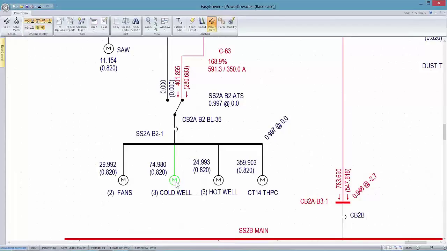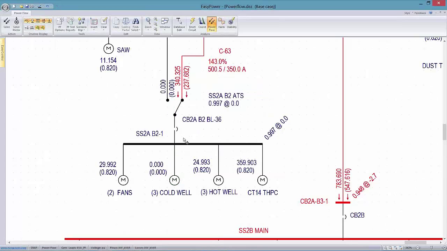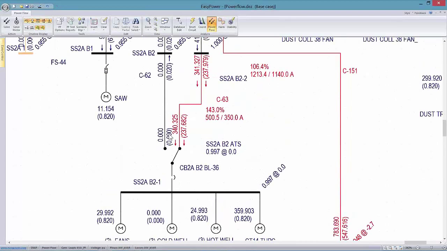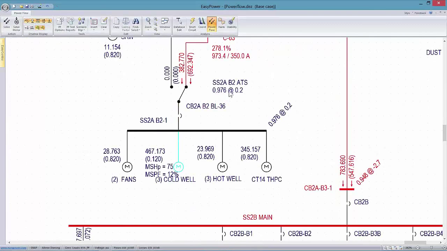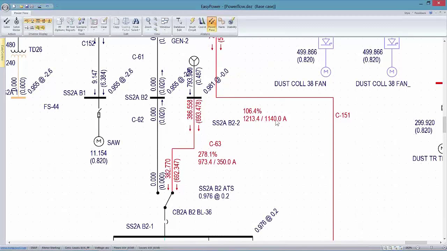And certainly, as we start any one or all of these motors, I'm assuming that as the engineer designed this, he expected or didn't expect all these motors to come on at the same time at 100%. So in terms of error checking the system during an arc flash study, this is not all that much of a concern because we're still in the ballpark as far as the rating on the cable.